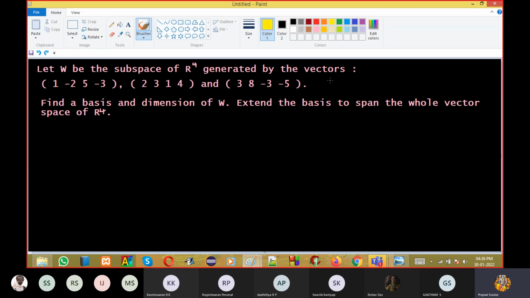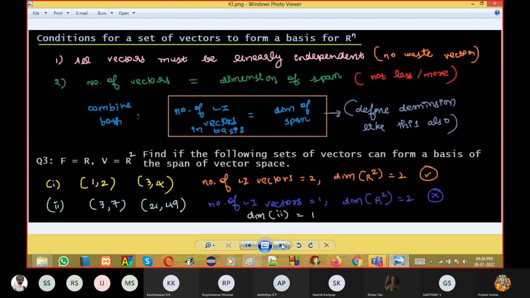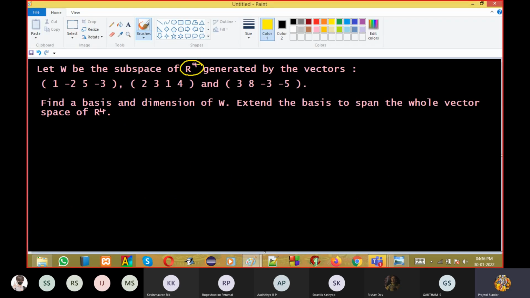If you remember from the last class, the conditions for vectors to form a basis: you need linearly independent vectors to form the dimension of the span. To span the whole R power 4, you need 4 vectors, but here only 3 vectors are there, which means the given vectors do not span the whole R power 4.